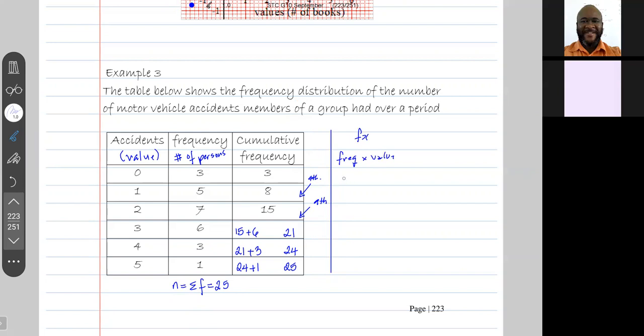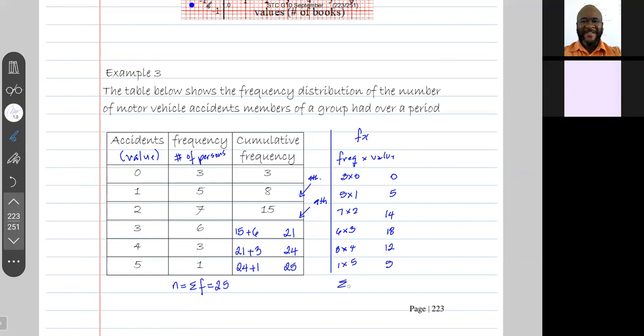This is 3 times 0, 5 times 1, 7 times 2, 6 times 3, 3 times 4, and 1 times 5. So this is 0, 5, 14, 18, 12, and 5.